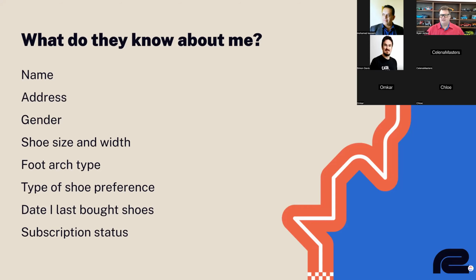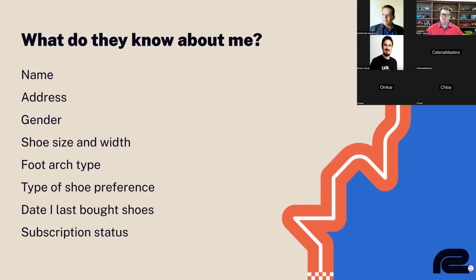They know my name and address. So if they were running an event, they could let me know about something in Adelaide. They know my gender, my shoe size, my width, and my foot arch type, because I've purchased a pair of shoes from them before that fit a certain foot arch type.